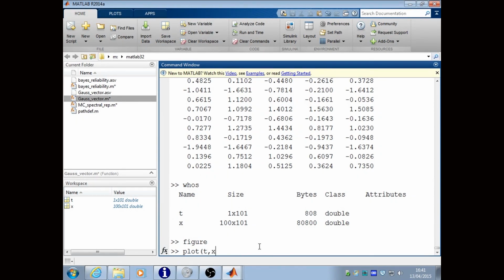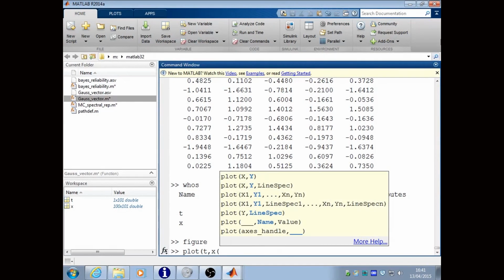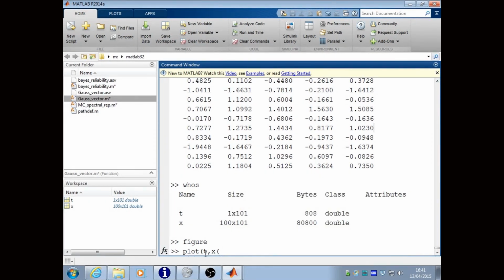Okay, so say x. The keys are located in a different place. Okay, finally I got it. X, and let's see, okay, say 1. So the first 5 samples.